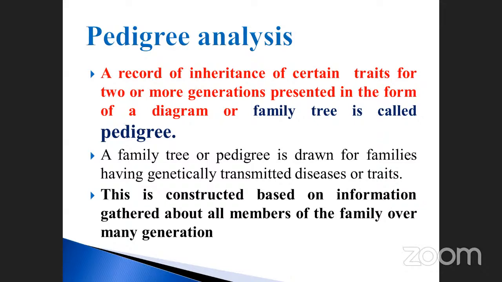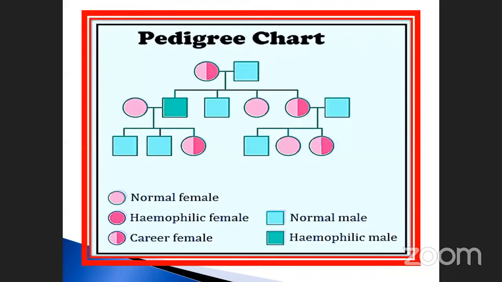It will not spread to another person. See, this is constructed based on the information gathered about all members of the family over many generations. How will you construct it? You have to go back 4-5 generations before your father or mother. Then only you will get the exact result. So that is the thing. See the pedigree chart.